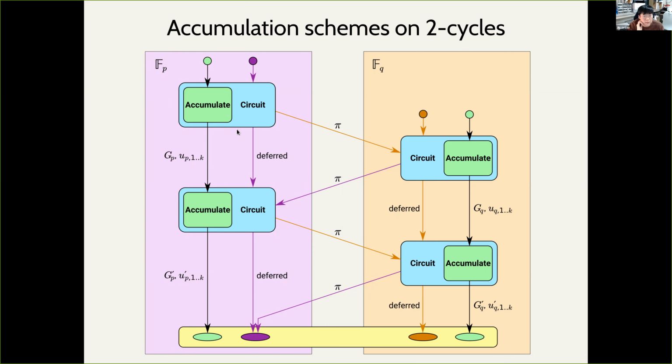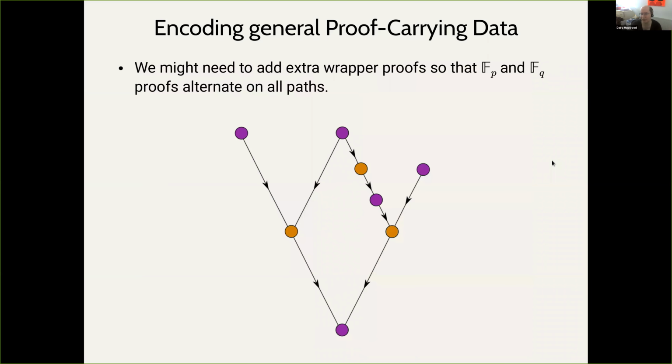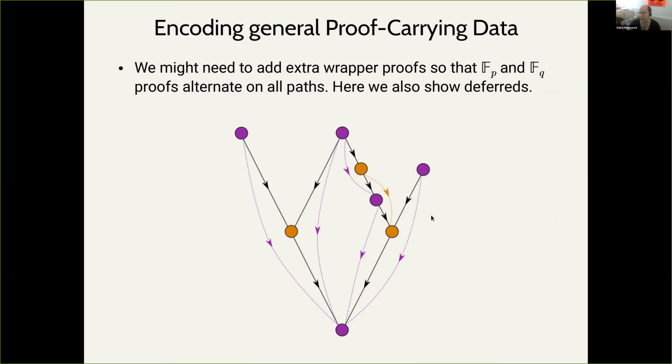So the proof state after this first step consists of the accumulator, 1 deferred, and 1 proof for the other proof system. Oh, that is easy to check in the other proof system. Yes. Thank you. I think I understand it now. Okay, cool. And this is showing basically the same thing, in a different form. The dotted arrows are the deferreds here. Okay, cool.